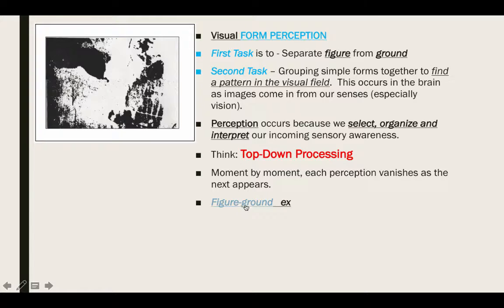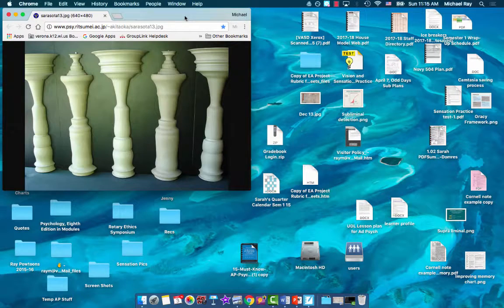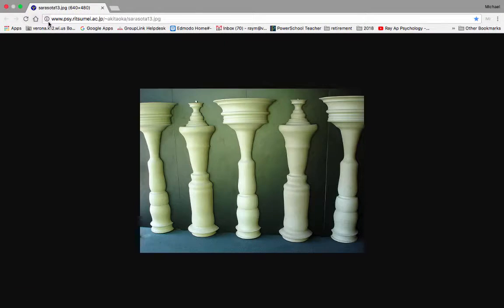And I'm going to give you another figure-ground example here. If you notice this image, some of you may notice it as chess pieces. Others of you may notice it as outlines of people facing each other. So we have chess images here, big, large chess images.